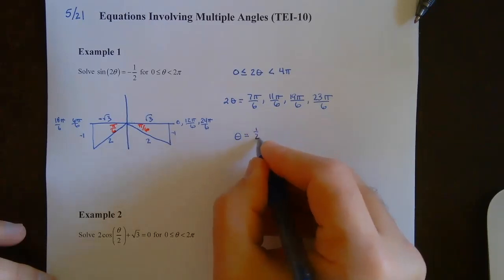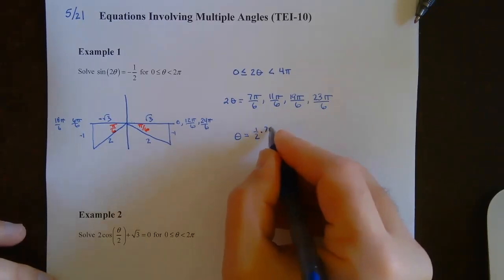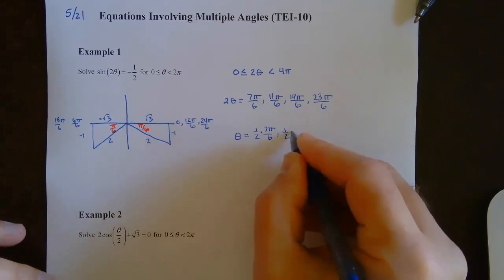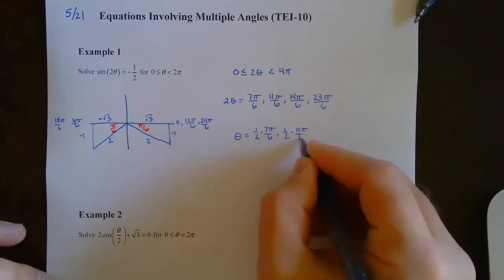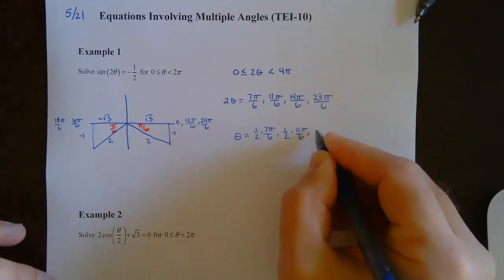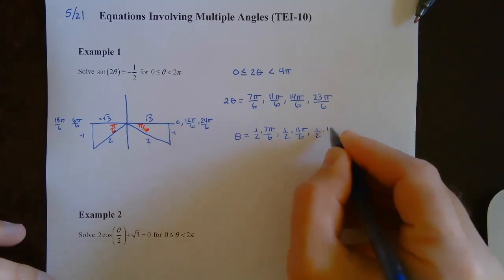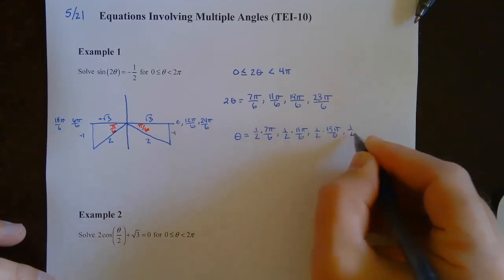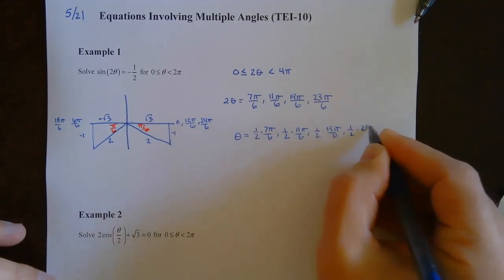So 1/2 times 7 pi over 6, comma, and then 1/2 times 11 pi over 6, and then 1/2 times 19 pi over 6, and then 1/2 times 23 pi over 6.